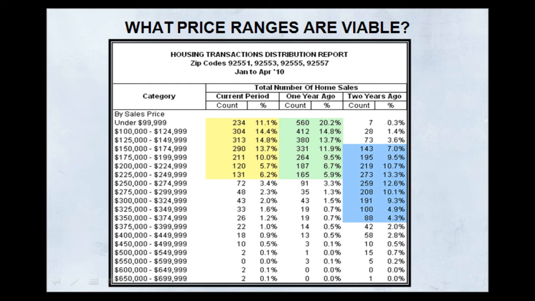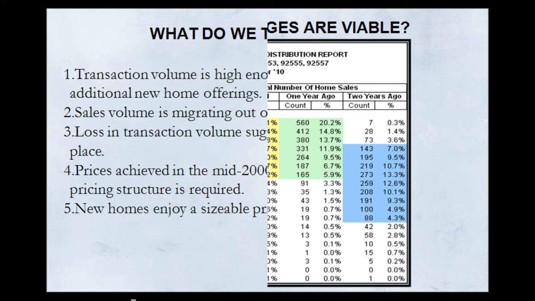Although if you compare a year ago to today, there's been quite a drop-off in the under $100,000 price category, and we've seen a little bit of migration back up the price food chain, if you will, into 175, 200, 200 to 225. Again, recognize these are resale prices by and large, so we would expect that in formulating a new home sales program, we could achieve higher price points.